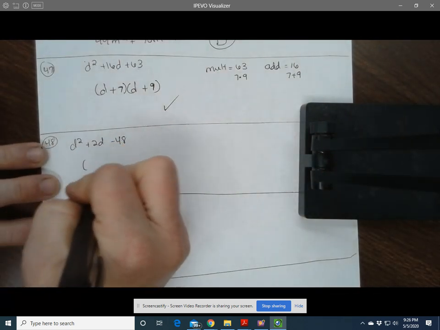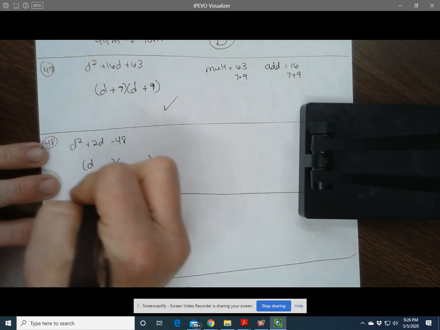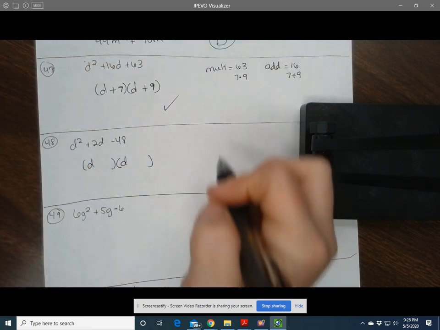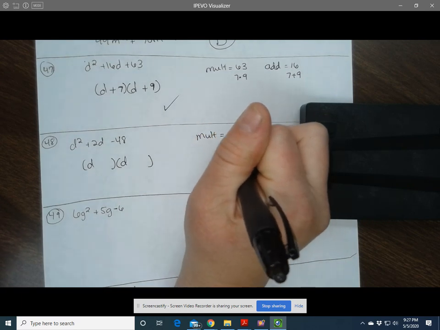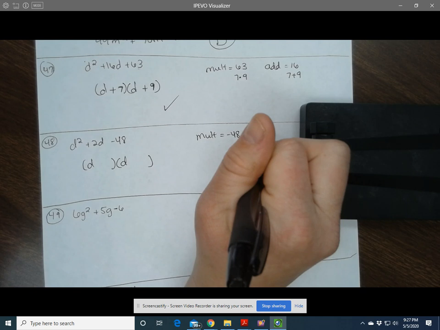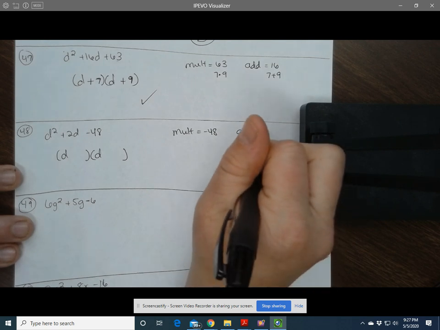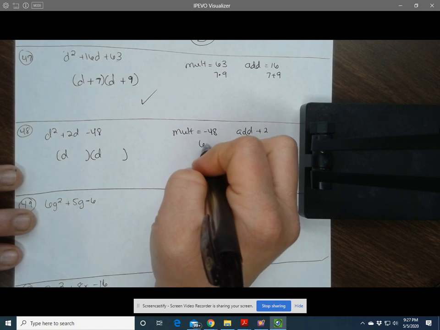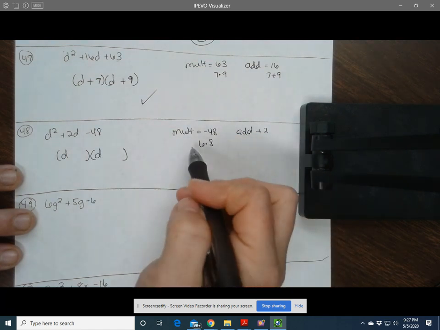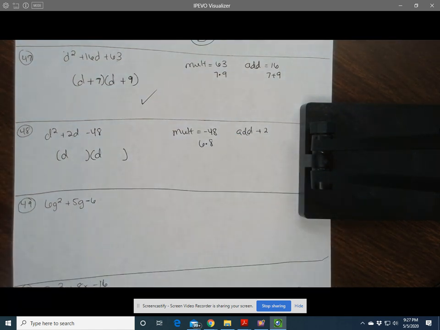Same thing with this one. Again, if there's not a number in the front, I know it's going to be a D, and I need to think about what can multiply to be a negative 48, but will add to be a positive 2. Well, I know that 6 times 8 is 48, and one of these would need to be negative, and that will give me a negative 48.